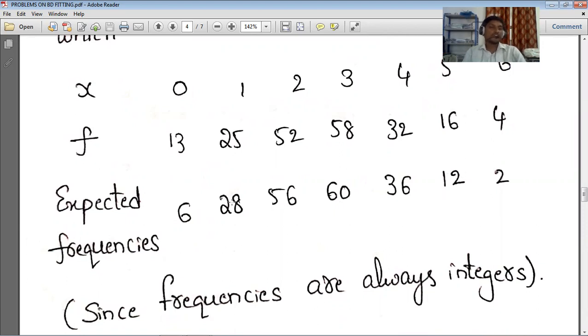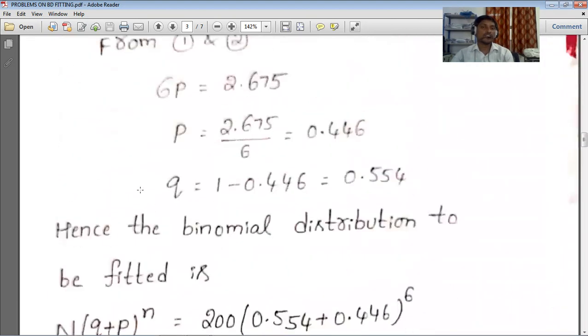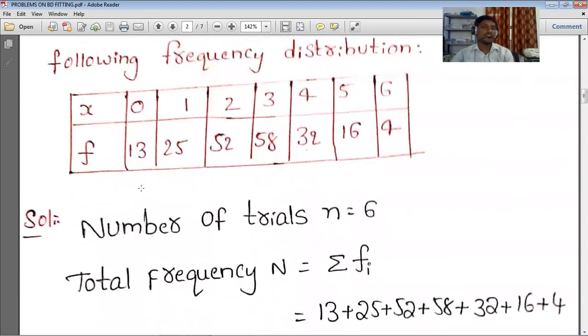We use binomial distributions, theoretical or probability distributions, for calculating expected frequencies. So this is the procedure. First we calculate the binomial distribution for the given frequency distribution, meaning we calculate expected frequencies.